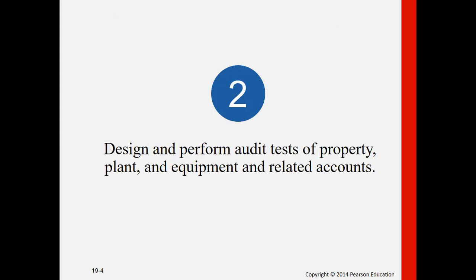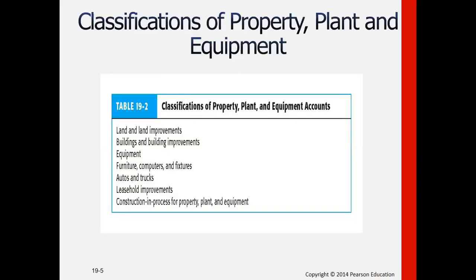Objective two is to design and perform audit tests of PPE and related accounts. So for the classifications of PPE, which are already discussed exhaustively in Intermediate Accounting Part 2 or in IAS 16 Property, Plant, and Equipment, here are the reviews for classifications: land and land improvements, buildings and the improvements, equipment, furniture and fixtures.